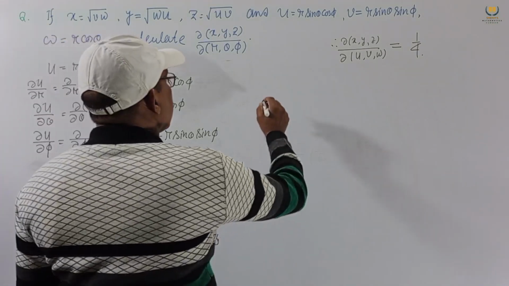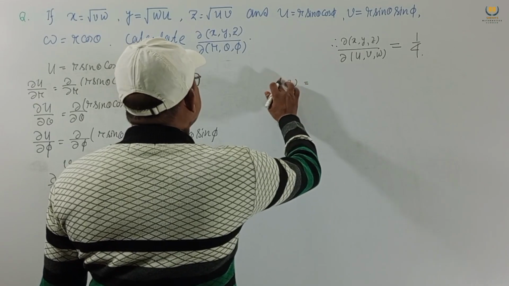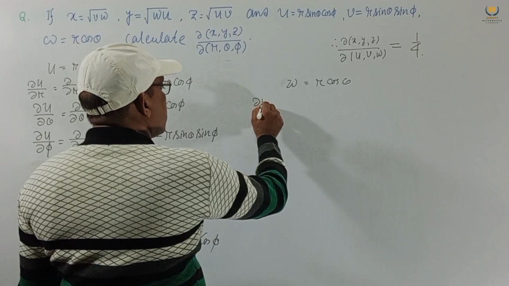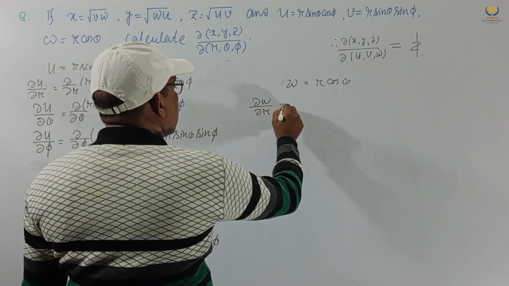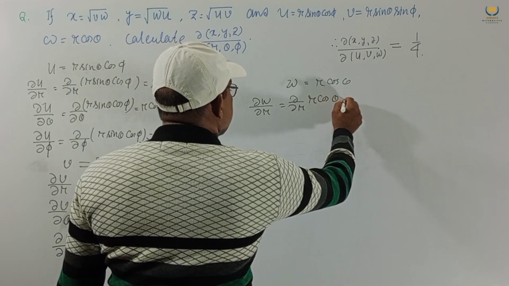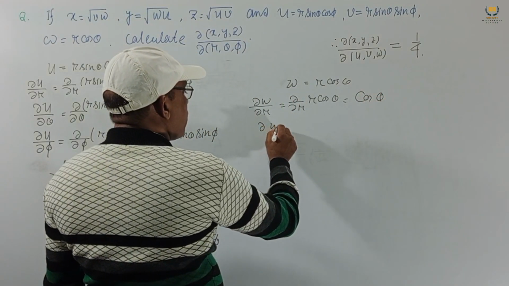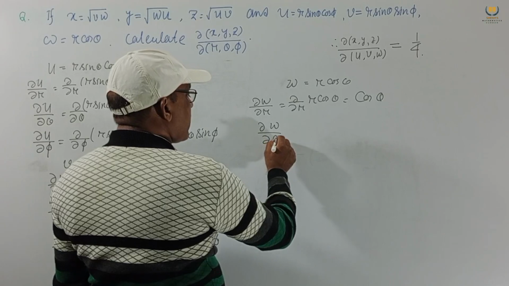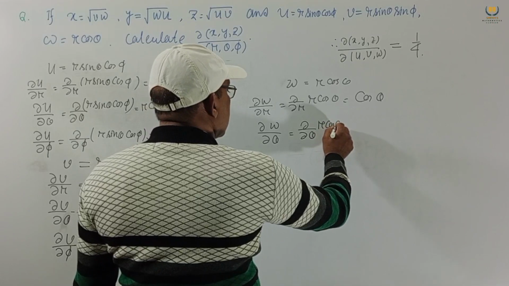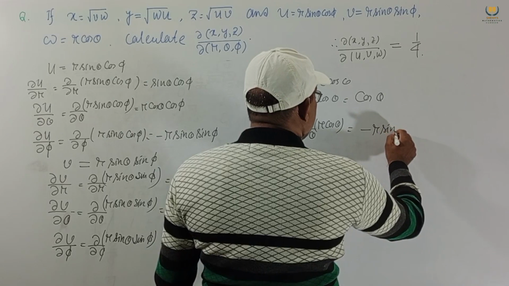Next we find the derivatives of w. W equals, given, r cos theta. Del w by del r, del by del r of r cos theta, del r of r is 1, we get cos theta. Del w by del theta, del by del theta of r cos theta, this is minus r sin theta.